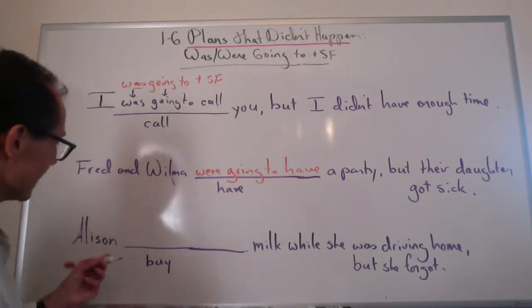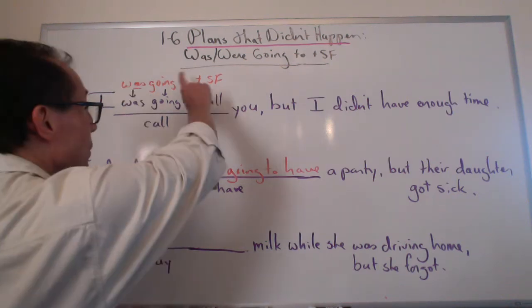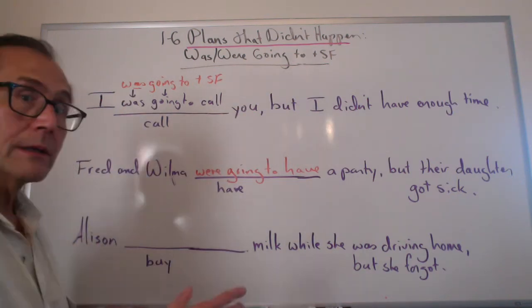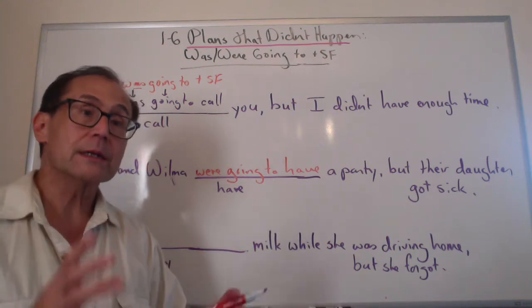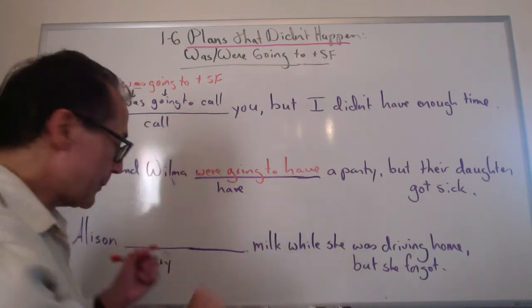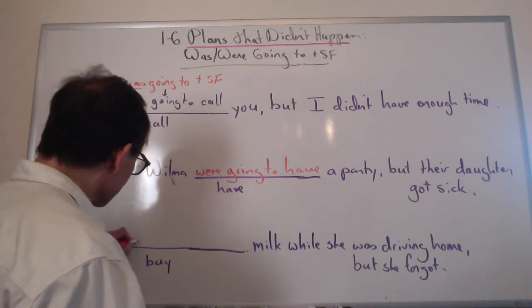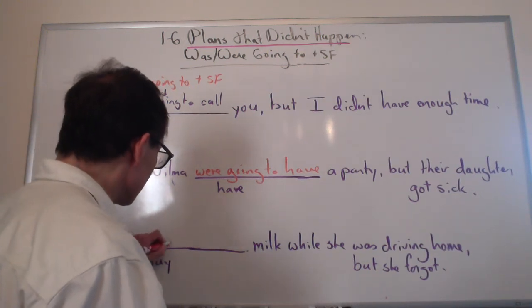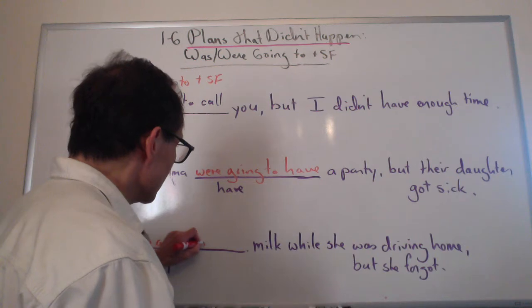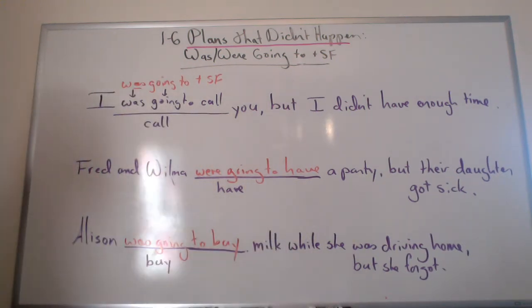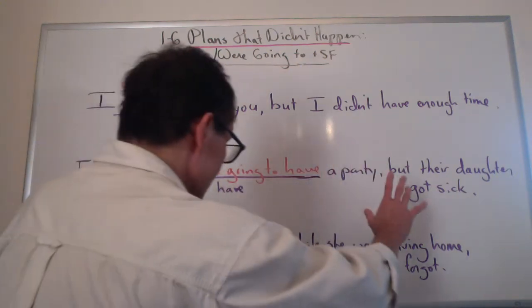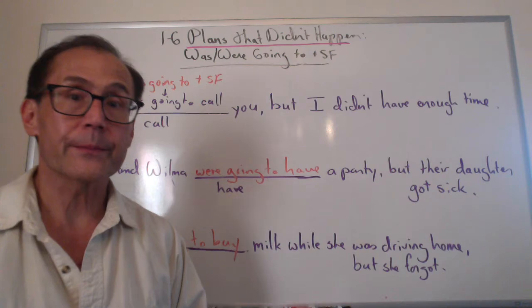All right. So again, I use was and were going to. One of the ways I can use it is to show this is a plan that didn't happen. So I could say Allison was going to buy milk while she was driving home, but she forgot. So it was a plan, but it didn't happen. Okay.